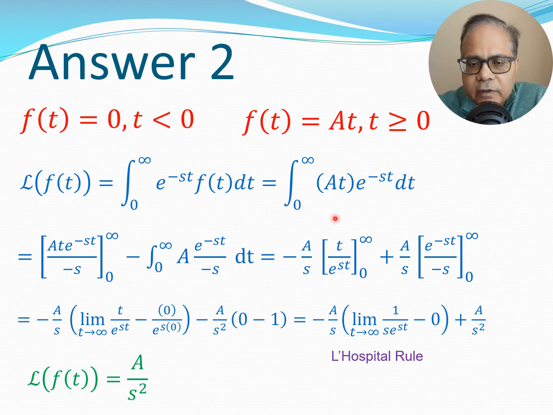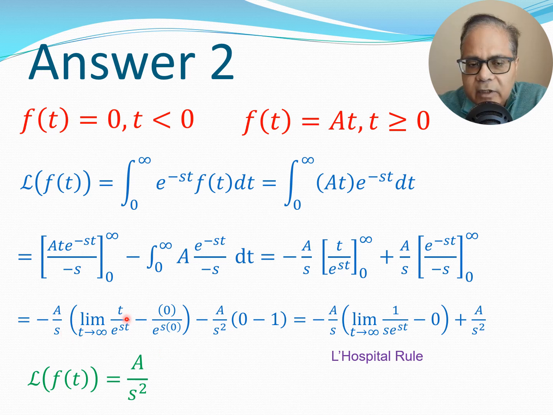So now let's try to further simplify this here. So again here I have minus a by s here, and then if we want to calculate the bounds here, what I have to do is I can realize that if I put infinite on this particular term, then that's going to give me something of the form infinite by infinite. So again I can look at it in the limit.